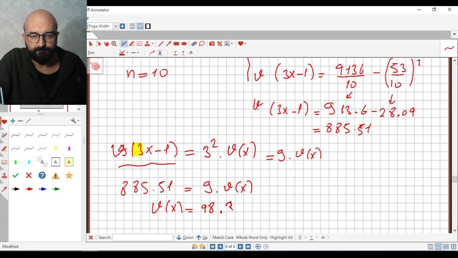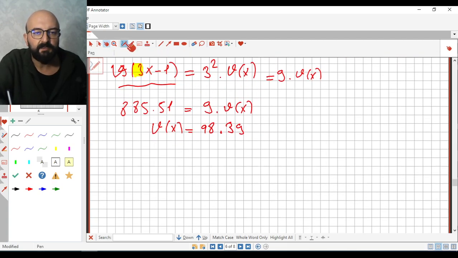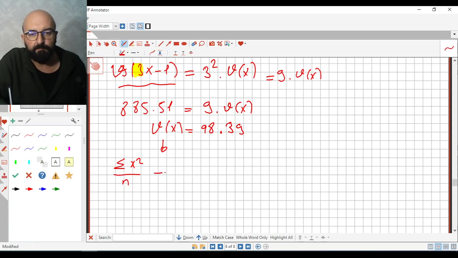And as you remember, the variance of x means the sum of x square over n minus the mean of x squared, and it means 98.39.